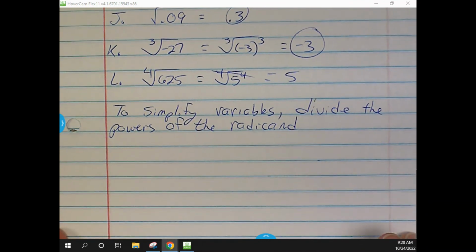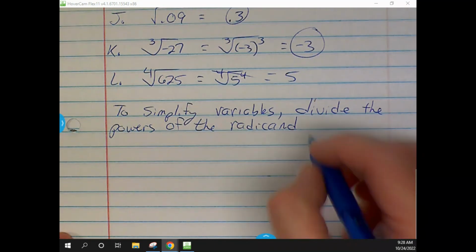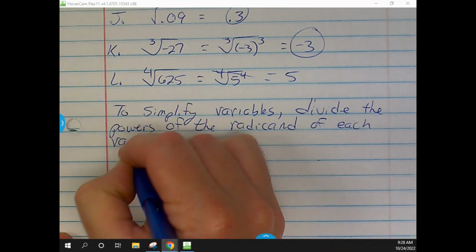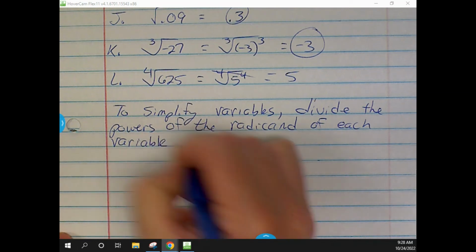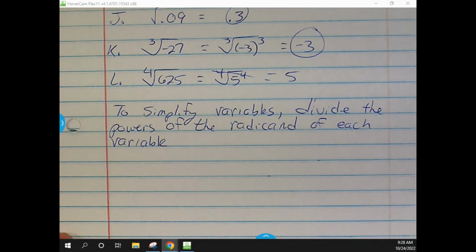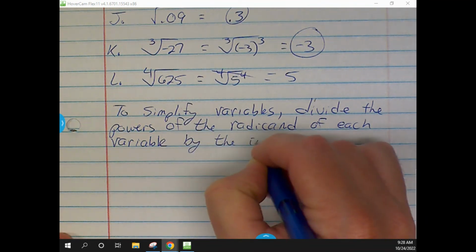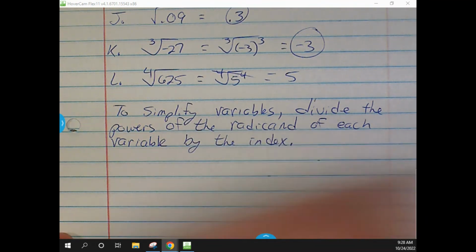So we're going to divide what's on the inside of each variable by the index.